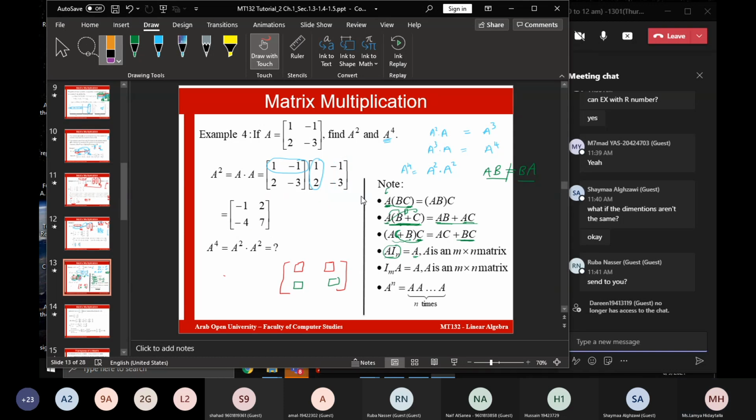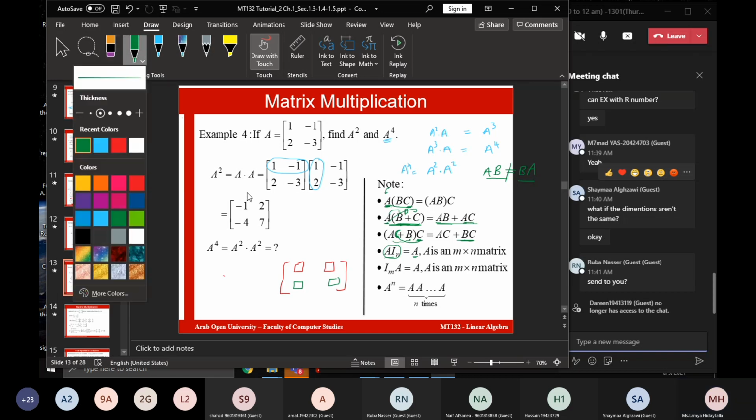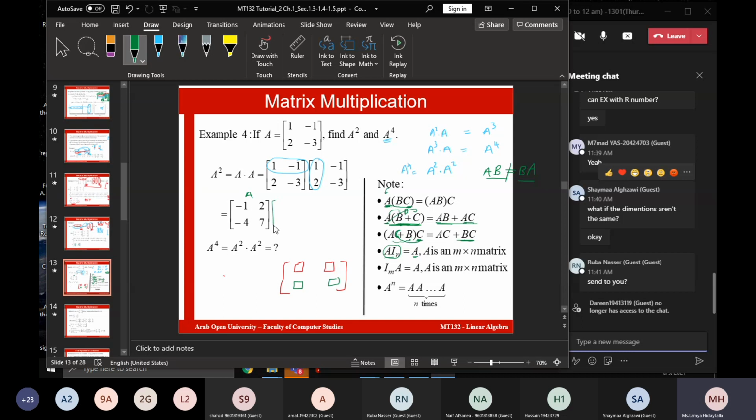Let's assume this is our A, and we want to multiply times the identity. We said multiplication will not be defined unless the number of columns of the first equals the number of rows of the second. So the identity should start with 2, and the identity is a square matrix, so it will be 2 by 2. So the identity here is 1, 0, 0, 1, which has ones in the diagonal.